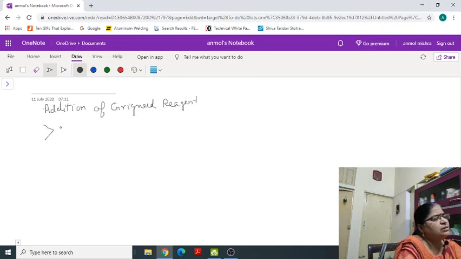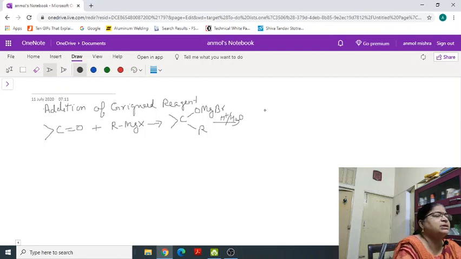Now, carbonyl group reacts with Grignard reagent. It forms the addition product, which undergoes hydrolysis. It forms alcohol.